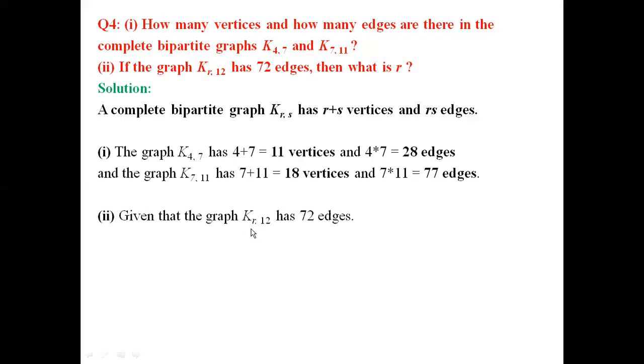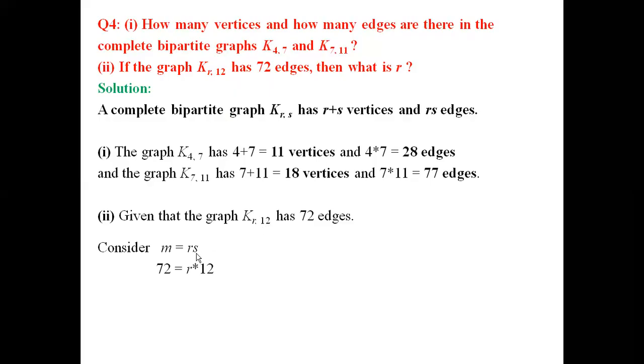Given that the graph K r,12 has 72 edges, we consider that the total number of edges in the complete bipartite graph is equal to r into s. So m is nothing but the total number of edges, which is r into s. m is known to us. The complete bipartite graph K r,12 has 72 edges, so m equal to 72. r is not known to us, and there are 12 vertices in the vertex set V2.